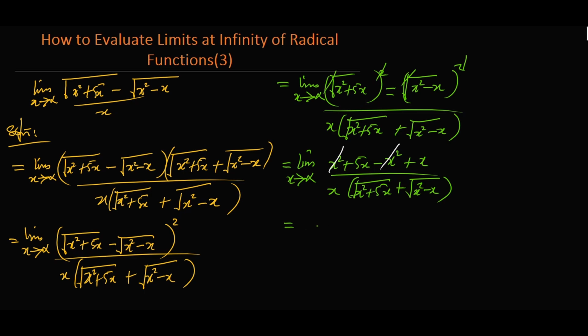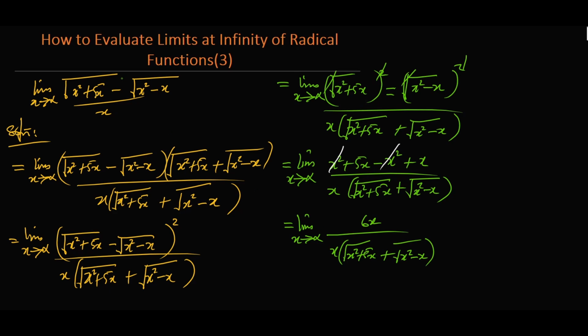So this will equal the limit as x approaches infinity of 6x all over x multiply root x squared plus 5x plus root x squared minus x.